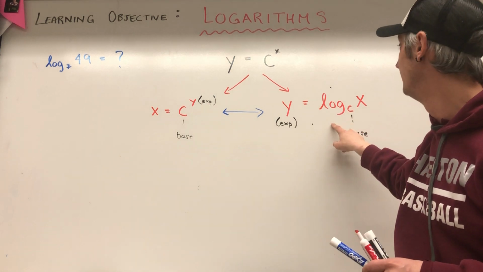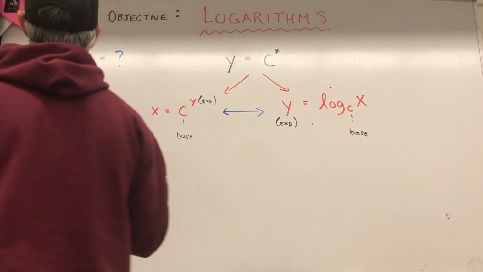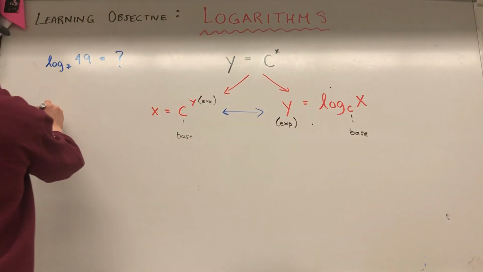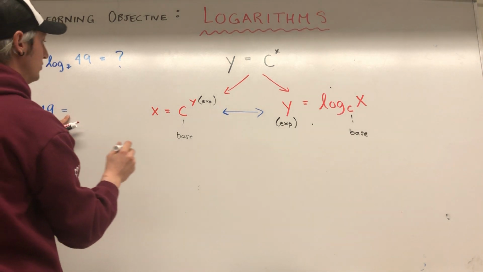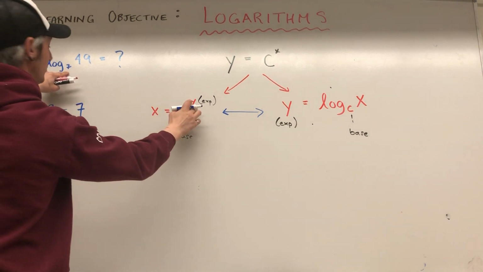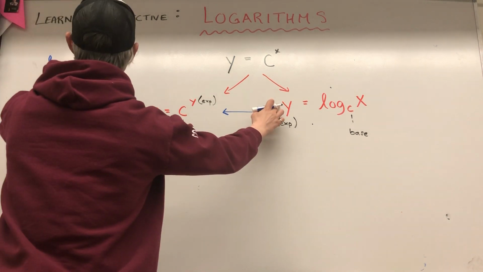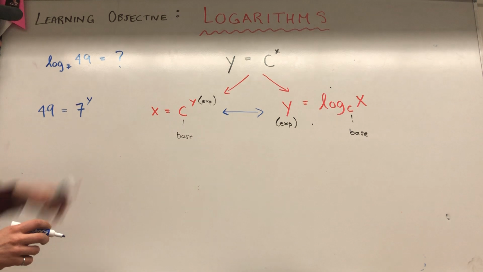So to do that, I'm going to put this back into this form. So I'm going to say, okay, x is 49, so I'm going to get 49 is equal to, my base is 7, to the y. Right? Y is my question mark. So now I say 49 is equal to 7 to the power of y.